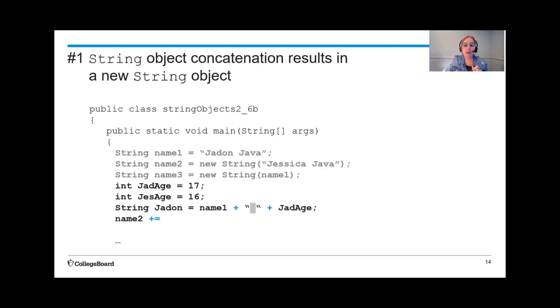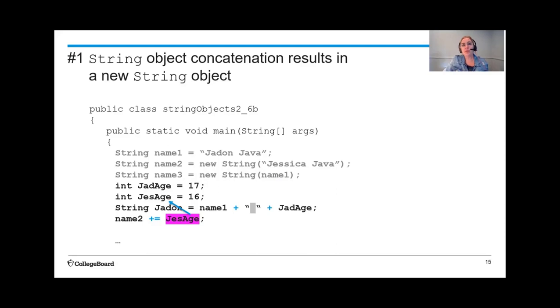Name2 is my previous name2 variable, which we know is Jessica Java, but I'm going to use my concatenation operator plus equal, and I'm calling her age, that other variable that I just made that is a primitive int 16. Now, what you're probably saying aloud, I hope, is what about the space bar?